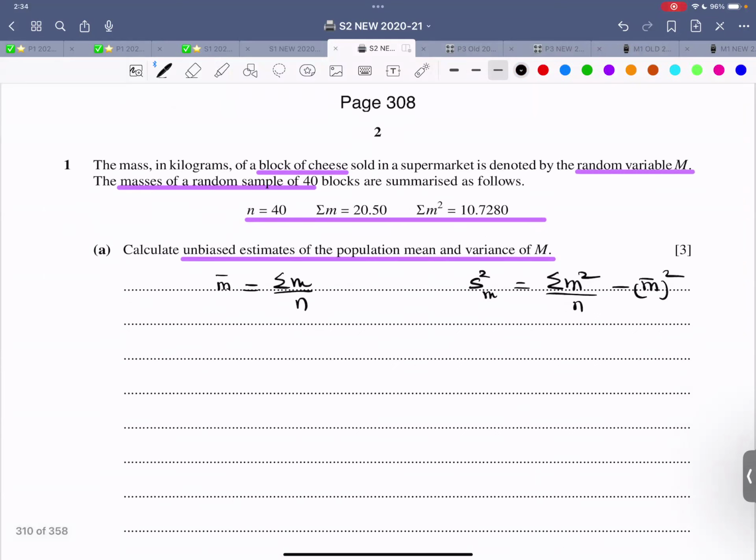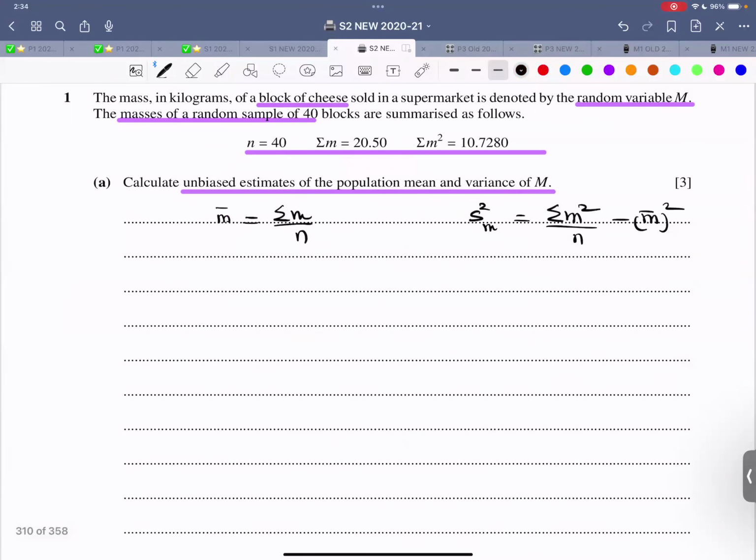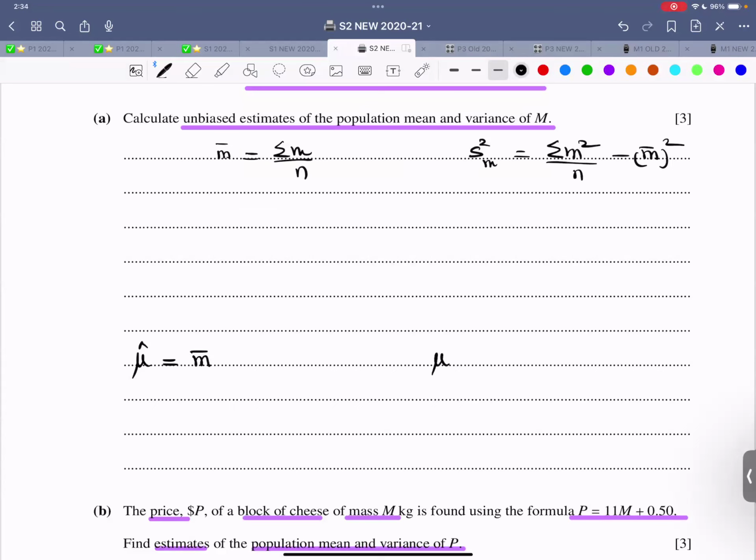That is the formula. The unbiased estimate of population mean is the same thing as the sample mean. The unbiased estimate of population variance is n over n minus 1 times the sample variance. So now I have to use these two. This is what we are looking for.